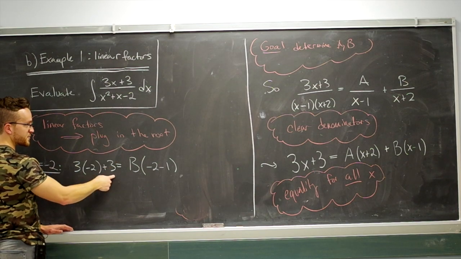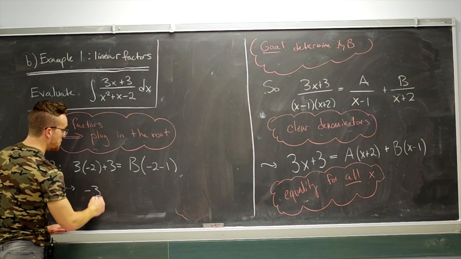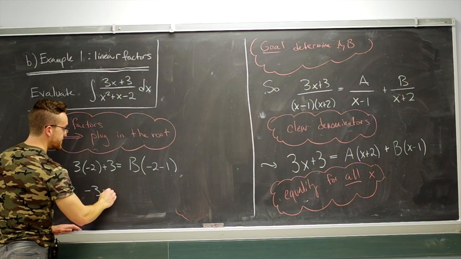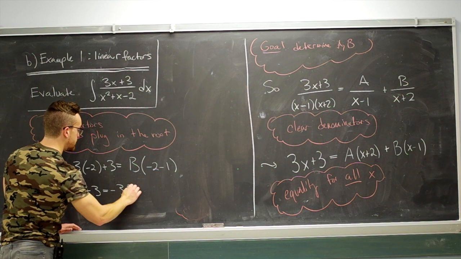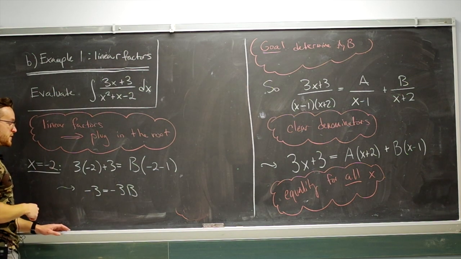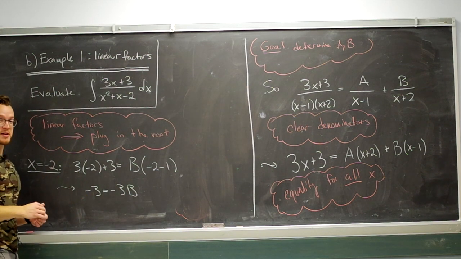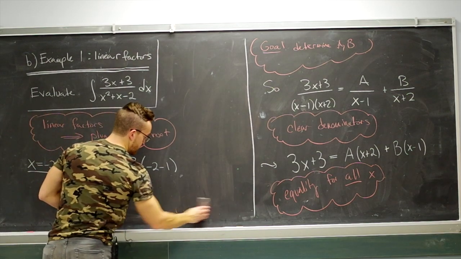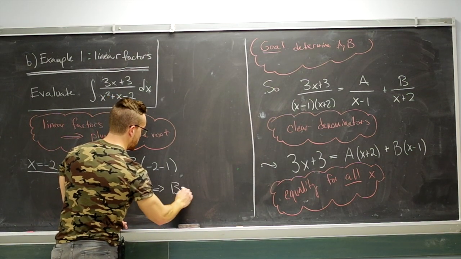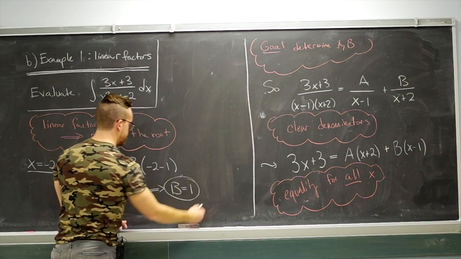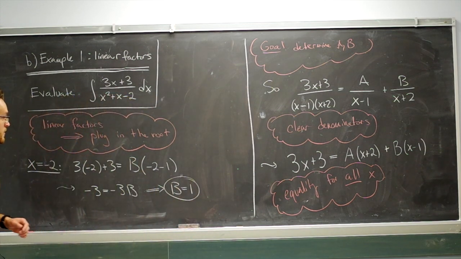Negative 6 plus 3 is negative 3 equals b times negative 3. Solve for b, looks like b has to be 1. Nice. All right, one down, one more to go. We'll plug in the other linear factor, and a is going to pop out immediately.